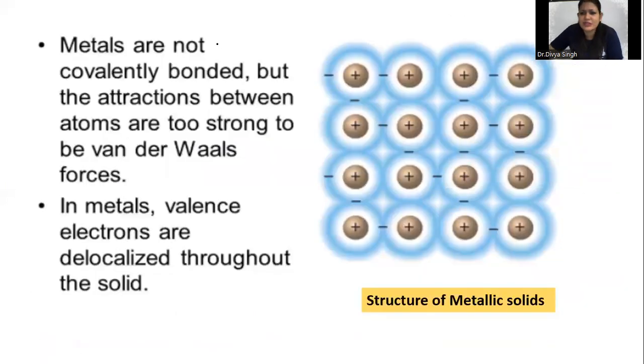We can see in the structure directly that the positive metal cations completely form the solid core part, and the valence electrons of the metal itself are set free over the entire surface of the metal lattice, free to move anywhere over the metal ion layers.